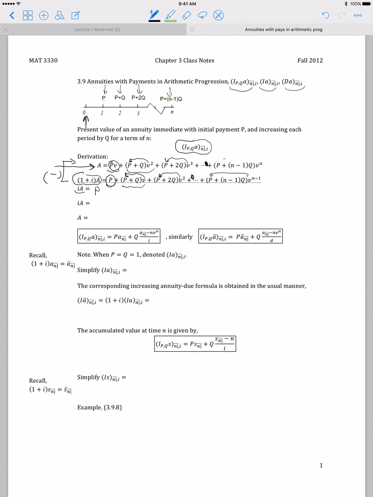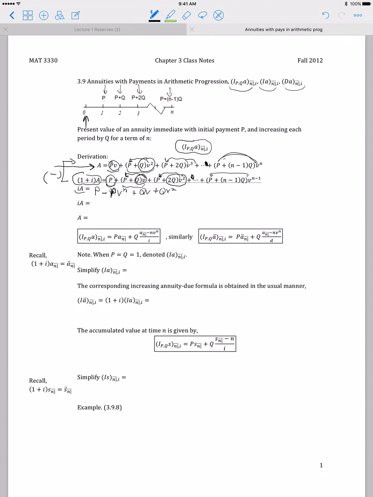And the last term, there's nothing for this P times V to the n to subtract with, so it gets left, P times V to the n. And then if I look at my Q's, I have Q times V here in the second equation, and I have QV squared times 2, and I subtract one of those away from up here to get just QV squared.